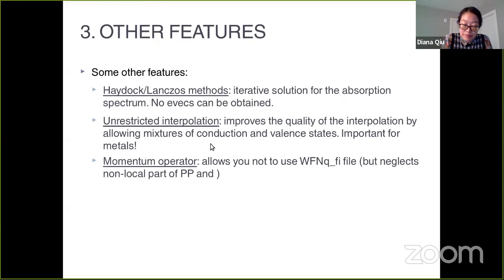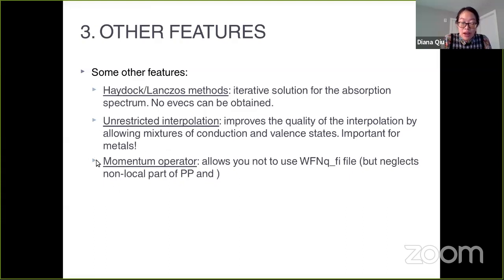Another option is in our interpolation. By default, to get valence bands, we do the expansion over valence bands on the coarse grid, and to get conduction bands, we do the expansion over conduction bands on the coarse grid. But you can also use an unrestricted interpolation where you expand over both the conduction and valence states. This is very important to do for metals.